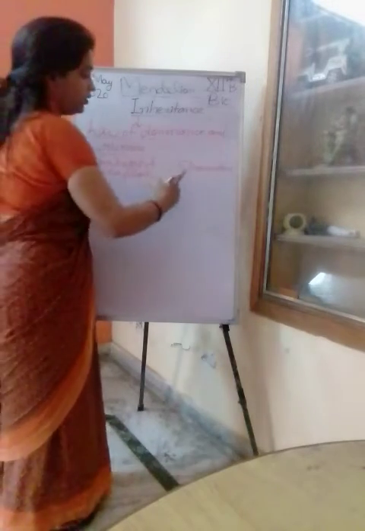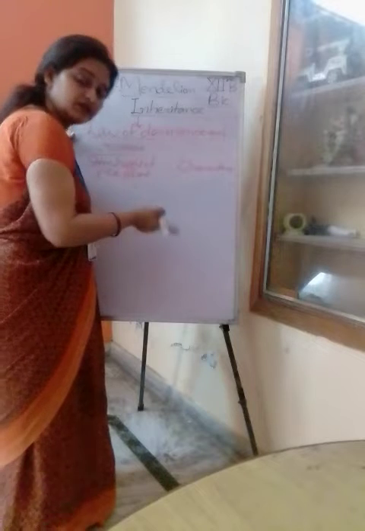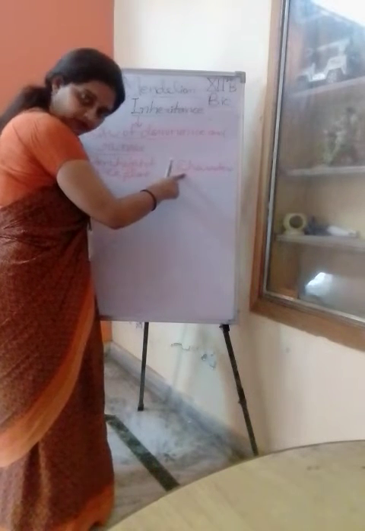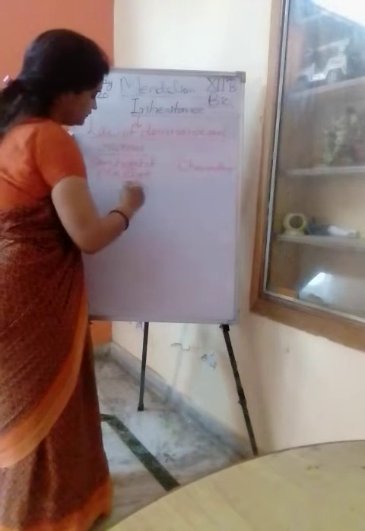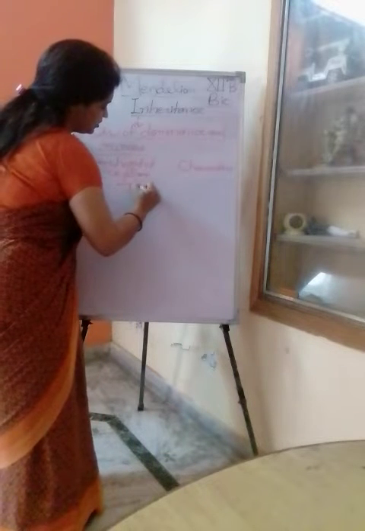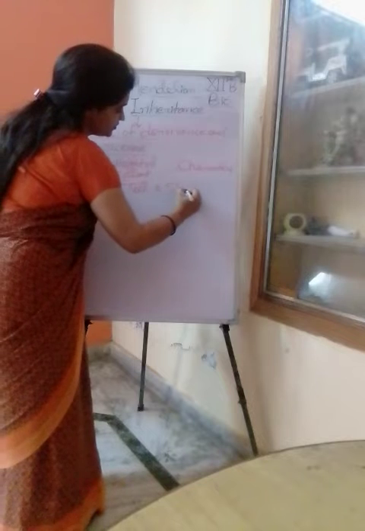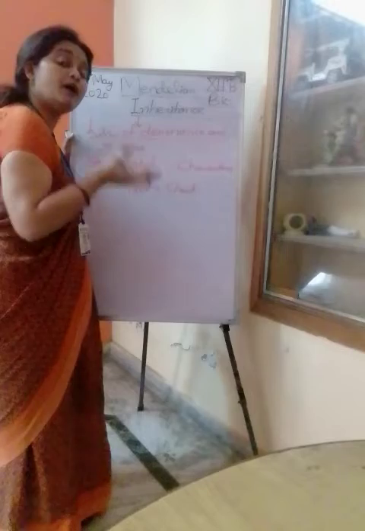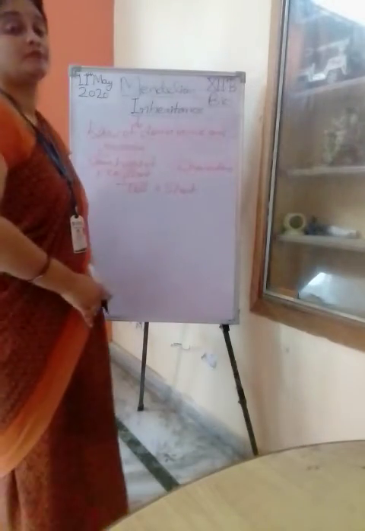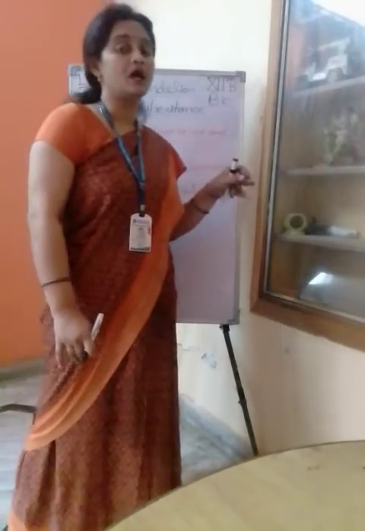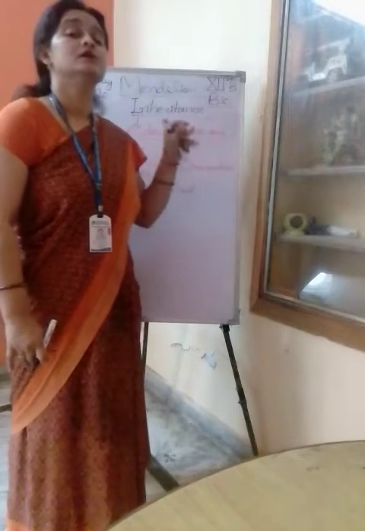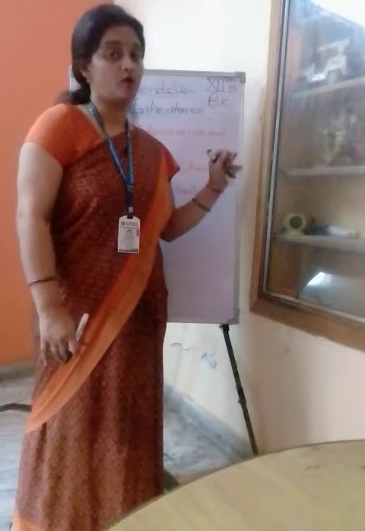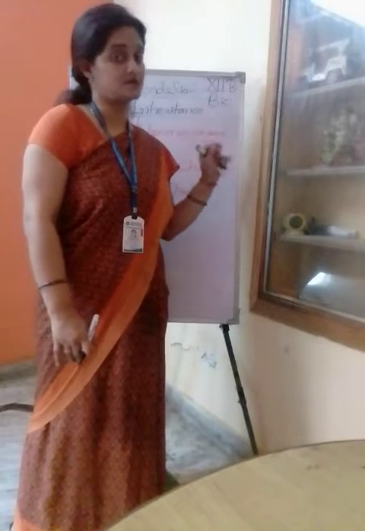Now what are the traits? Traits means different varieties of a character. Now we will take tall and short. It means Mendel took the stem height of the pea plant, with tall and short varieties, for our law of dominance and recessive.